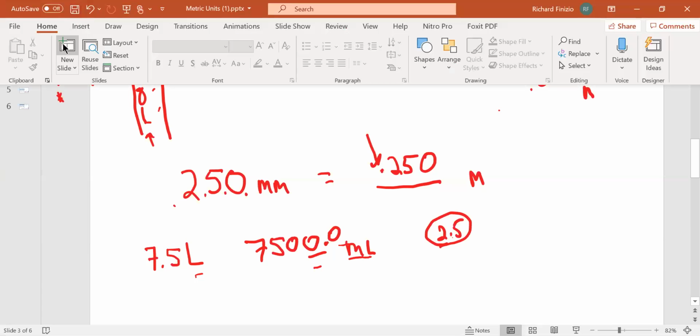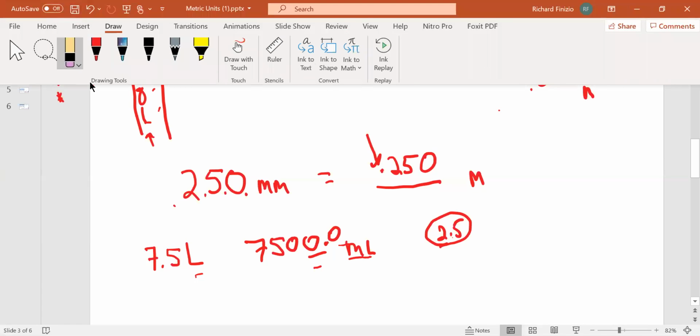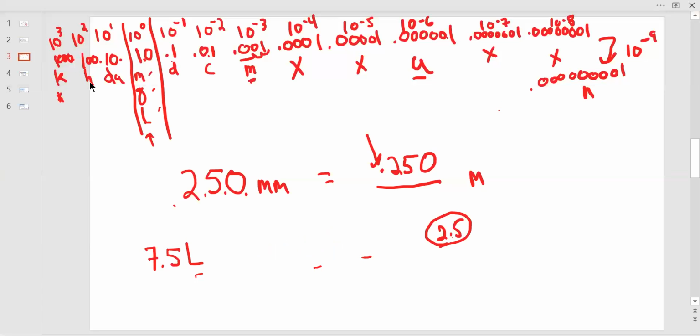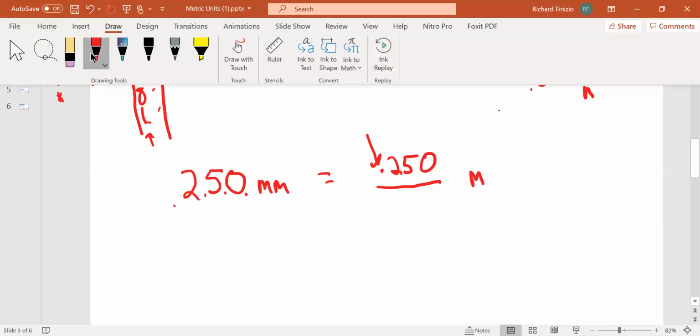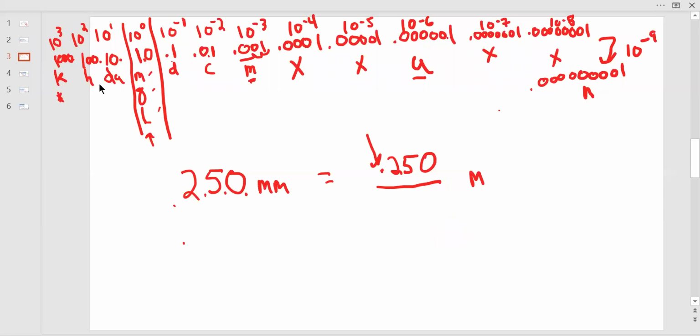Let's cross over. I've got to show you where we go across the base units, because that might be complicated. I want to show you that you have to use the base unit when you're counting the decimal places. So let me get one for you that does that. Hold on. Let's go from 750 grams.